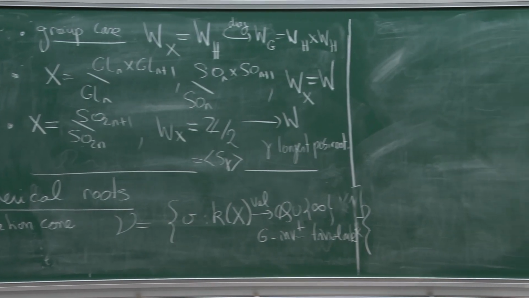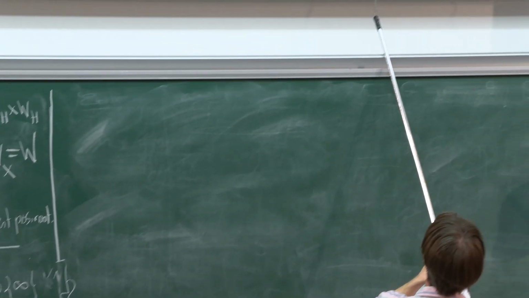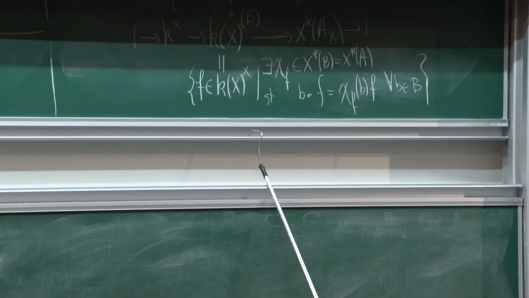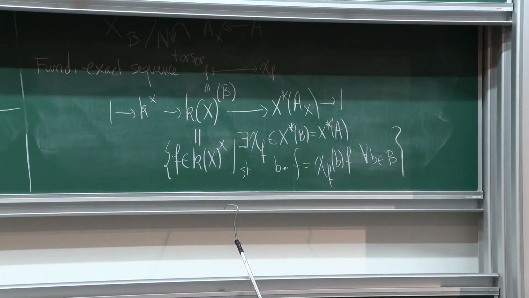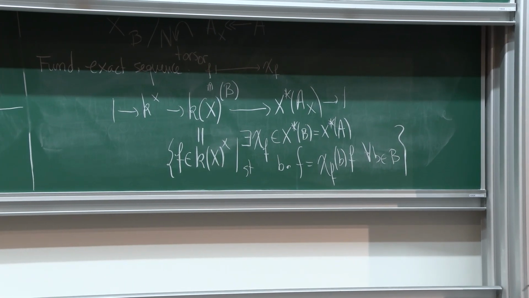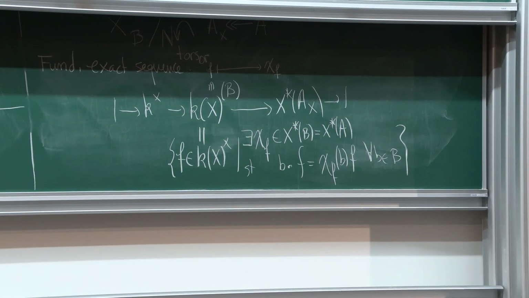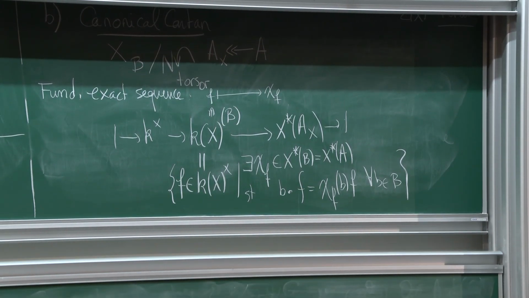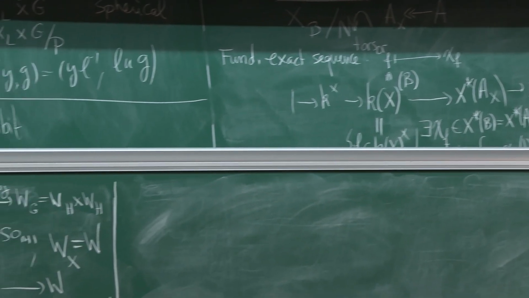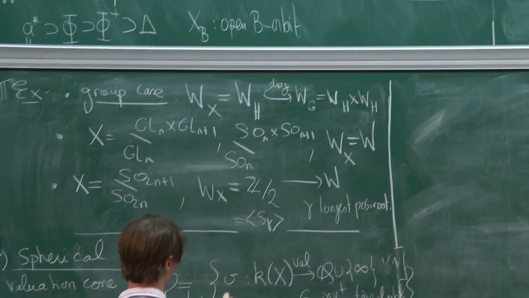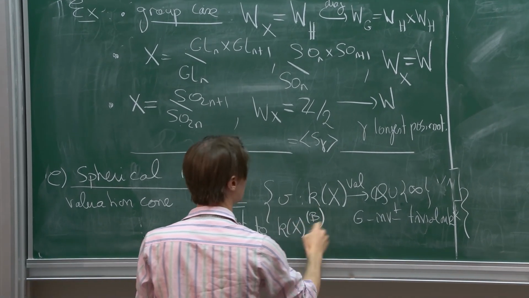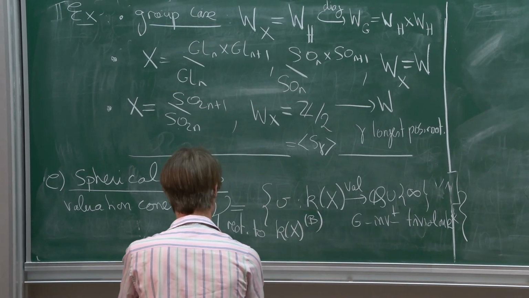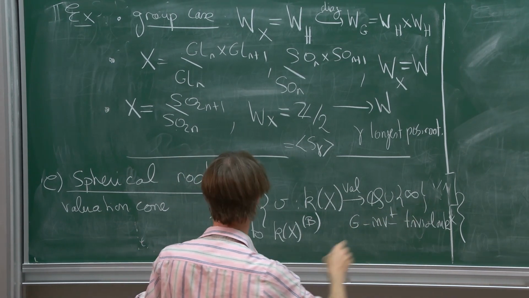So by the fundamental exact sequence, by restricting these valuations to the group of B-eigenfunctions, you can map this, restriction to KXB, to an element of the dual of AX star, which I denote AX.